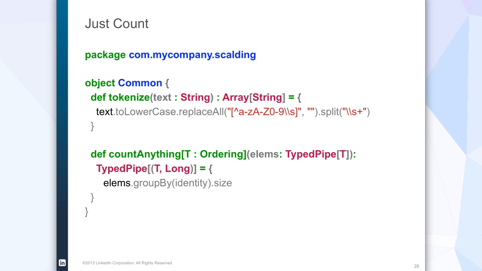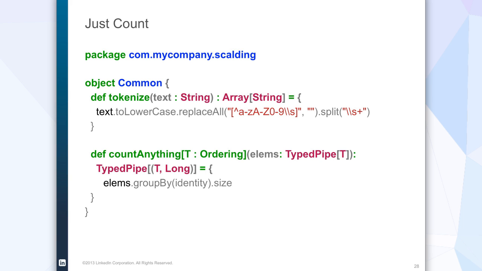So the way to actually change this code to work, and again, it's kind of Scala specific stuff, but what you can see, it's kind of pretty nice that we can say, okay, well, it's not just any T, it's T that has an implicit ordering.